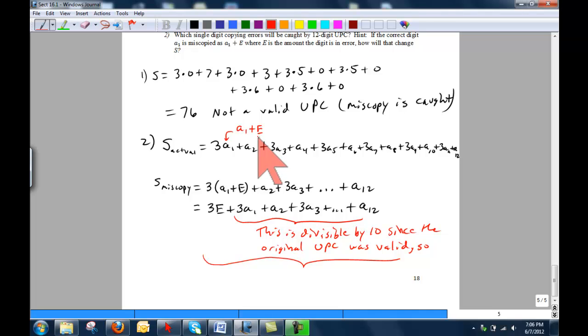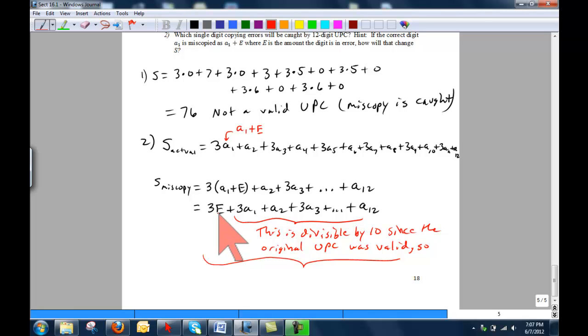Or I could have copied a number too low. In that case, the error would have been a negative number, all the way down to negative 9. So E is something between positive 9 and negative 9.